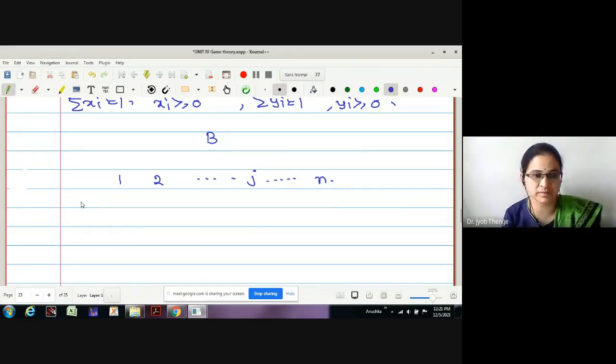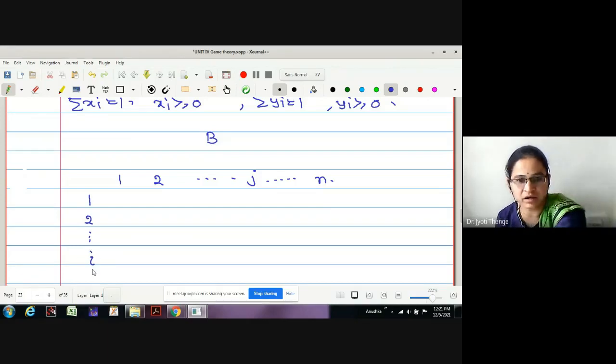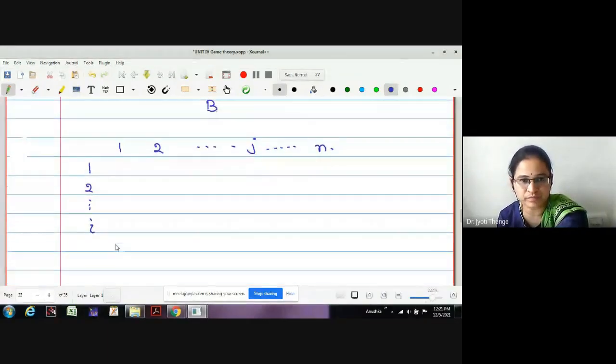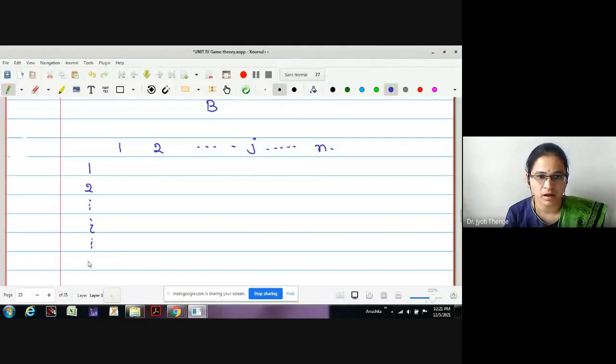Similarly, let me write with respect to player A. This is 1, 2, somewhere let me write i and continue this to m. This is for player A. Now, as this is a game with mixed strategy, let me write the probabilities as well.